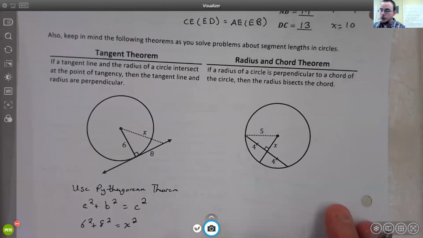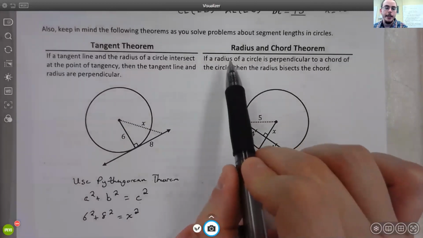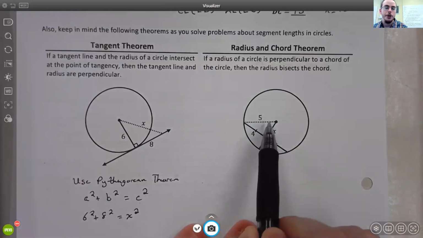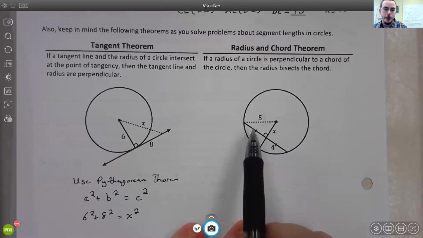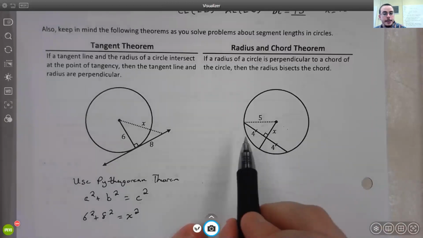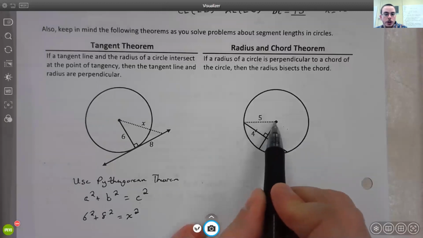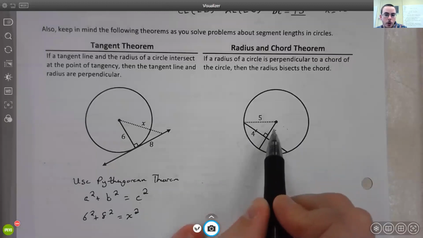On the other hand, you do have something called the radius chord theorem. If a radius of a circle is perpendicular to a chord of the circle, then the radius bisects the chord. So what it does is it splits it into two. Same deal though. The radius from one end of the chord to the center would form a right triangle if it bisects the chord.